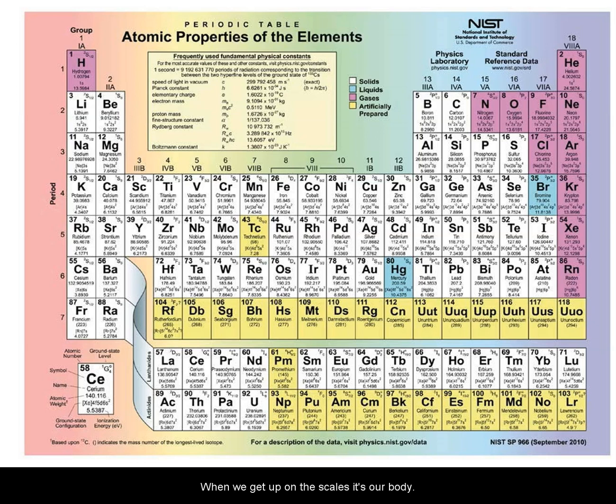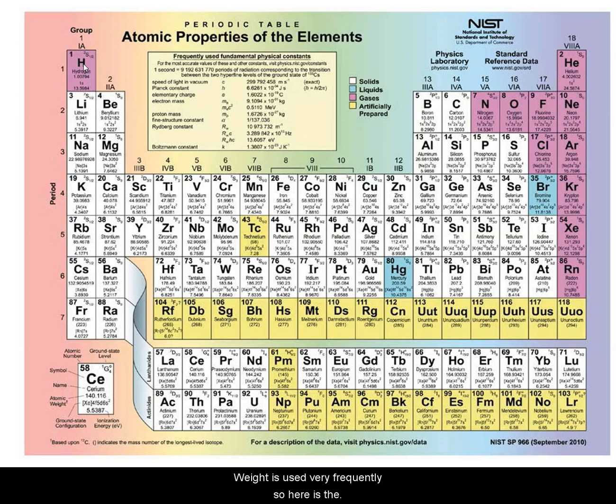When we get up on the scales, it's our body. Mass is the amount of matter in an object. So really, mass is a little better term than weight, but weight is used very frequently.